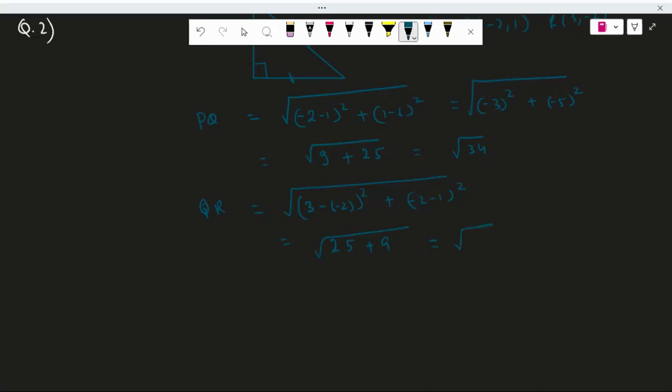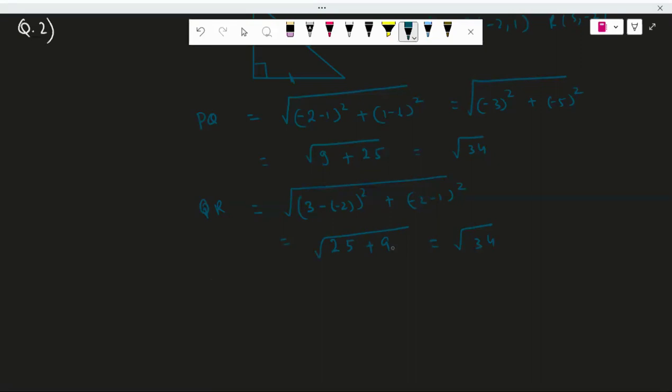This is again root 34. As we have to show that it is isosceles as well, we can observe that the lengths of PQ and QR are both equal. So obviously it will be an isosceles triangle.